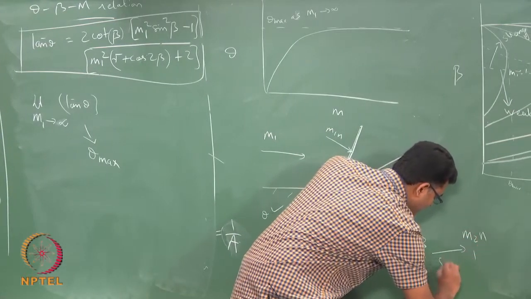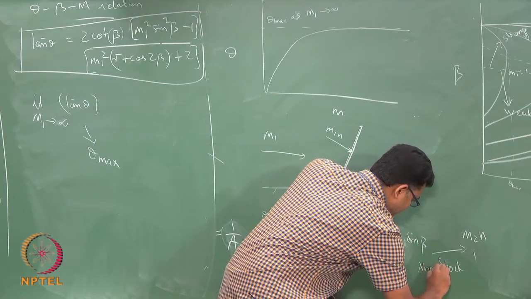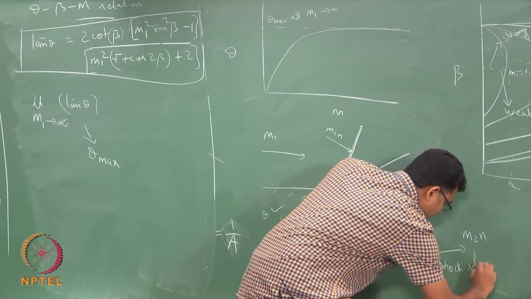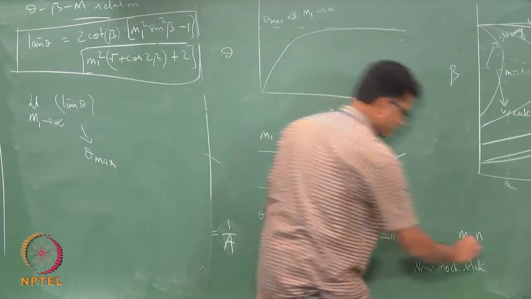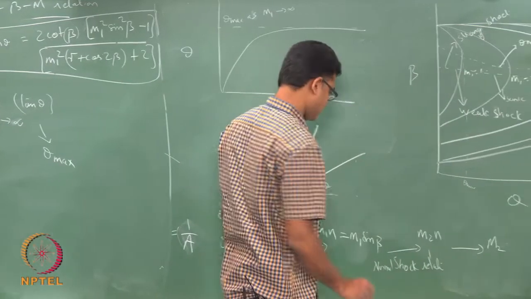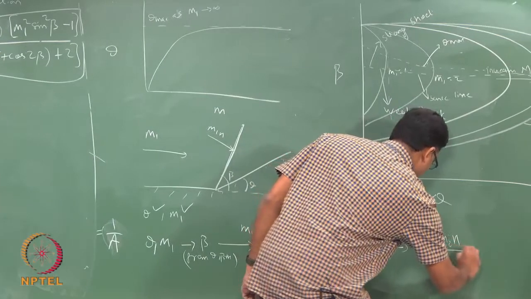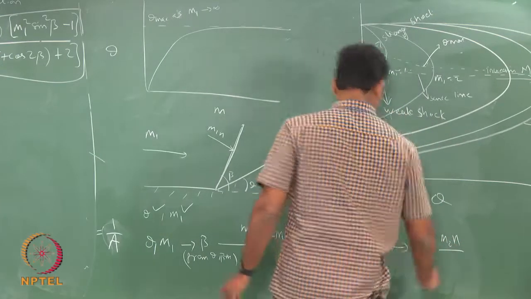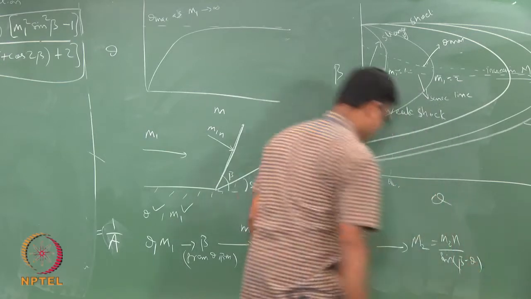M2n from the normal shock relation. The moment I get M2n, I can get M2, which is M2n divided by sin of beta minus theta.